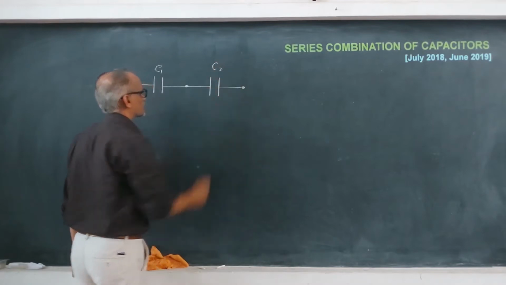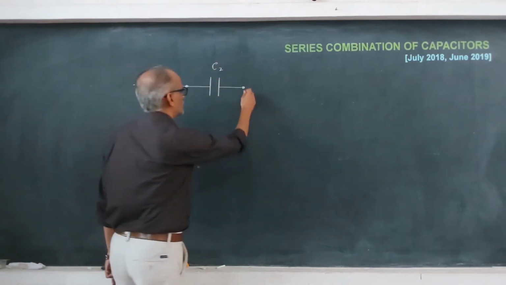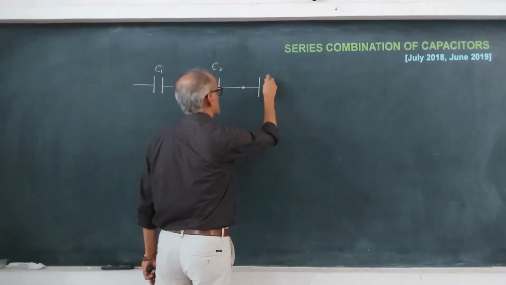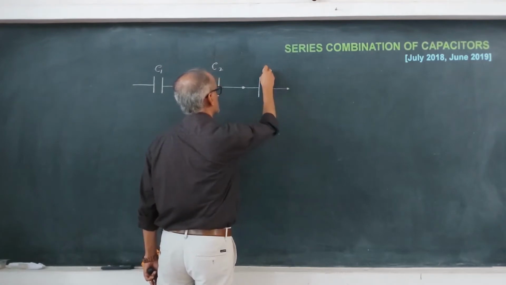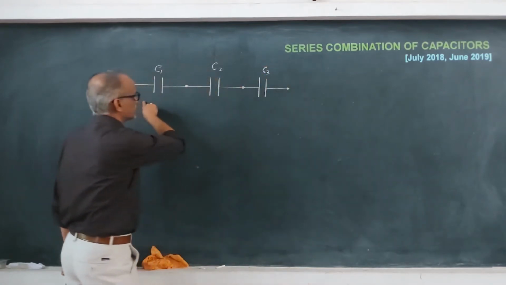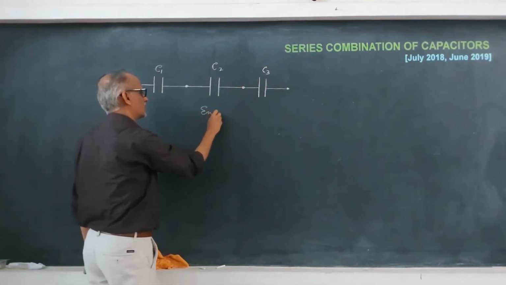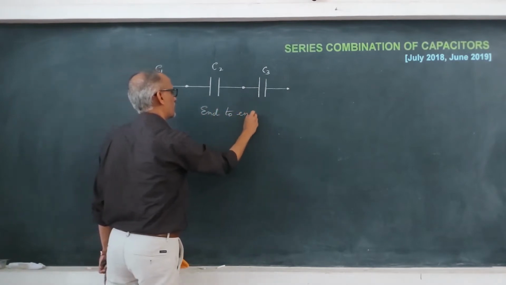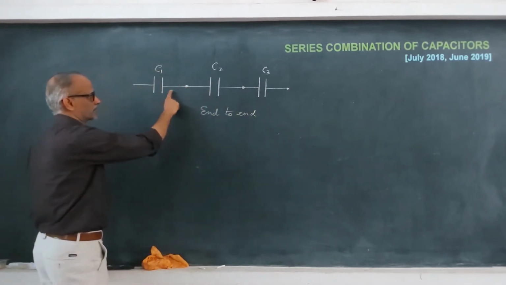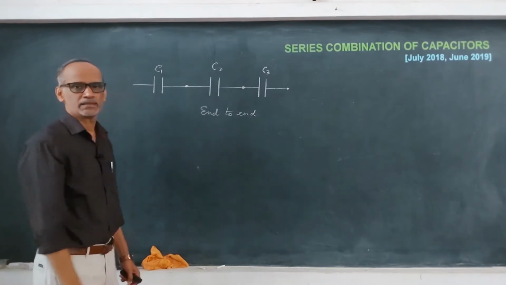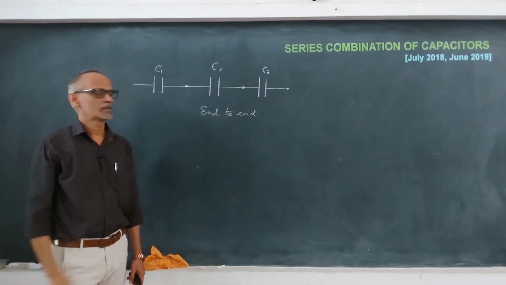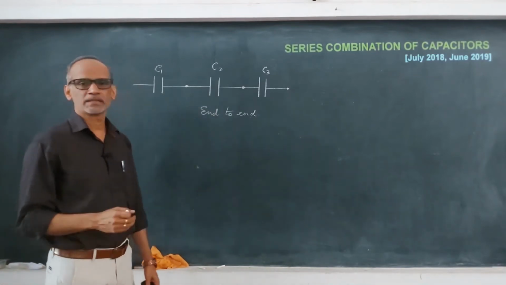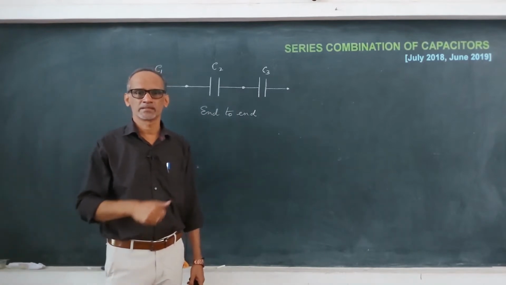This is the second one. Take one more, you can join like this. Third one, this is C3. So, this is called series combination, also called end to end. End of one is connected to the end of the other. So, here I have connected 3 capacitors in series.